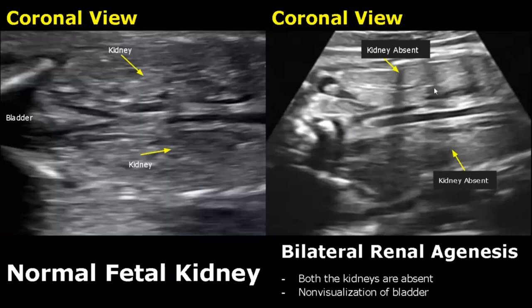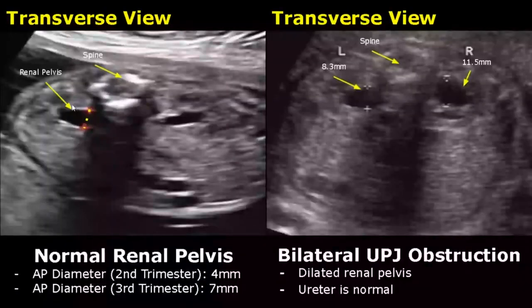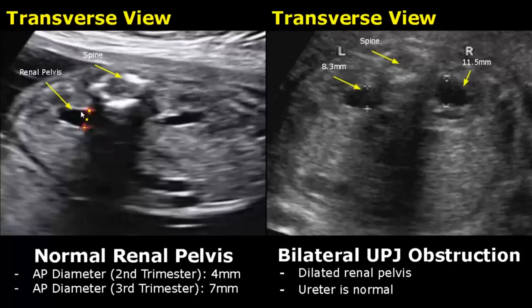The normal diameter of the renal pelvis is 4 millimeters in the second trimester and 7 millimeters in the third trimester. UPJ stands for uretero-pelvic junction, and UPJ obstruction leads to dilatation of the renal pelvis.